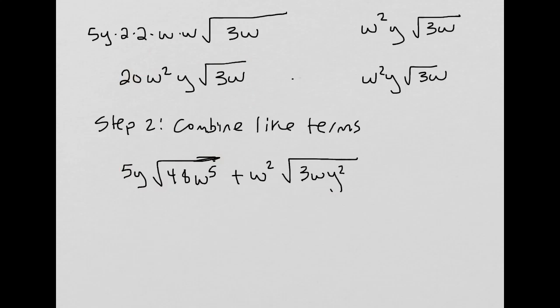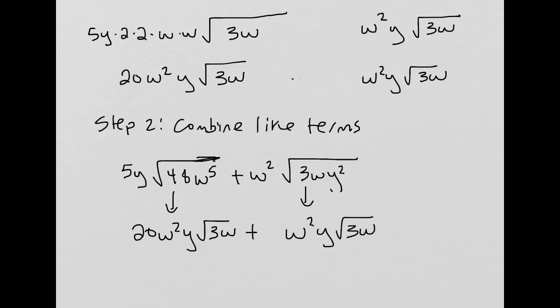So I'm just going to rewrite that first term as 20w squared y times the square root of 3w. Just rewriting it in terms of how we simplified it. The second term was this, which simplified down to this, which I'm going to write as, again, w squared y times the square root of 3w. So that's how this second term simplified. I'm also going to just write a 1 in front because that really does indicate what number is in front. It's not written, but if there's not a number written in front, that means it's automatically 1.